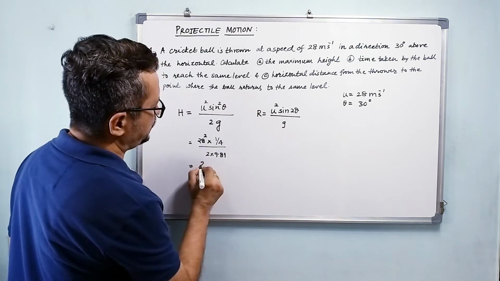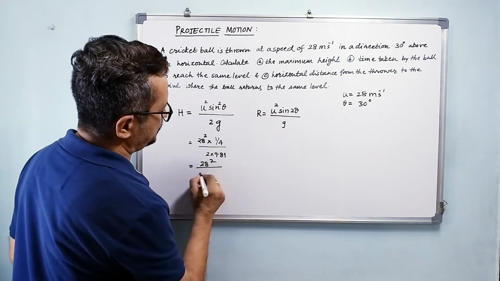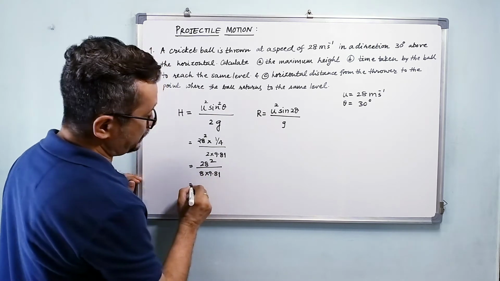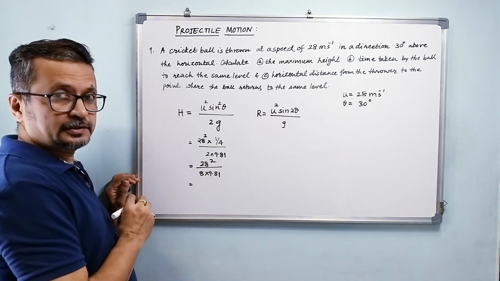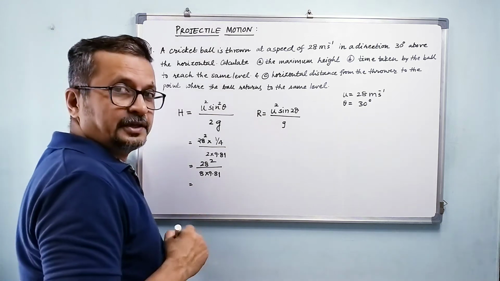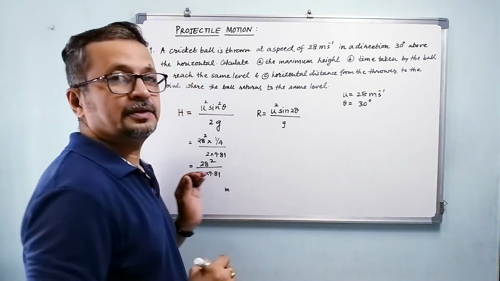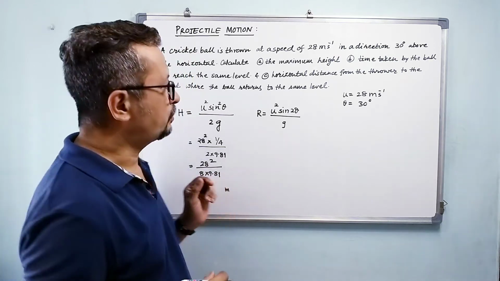So it is 28 squared upon 8 into 9.81. You can calculate this with your calculators or any other means that you are allowed to in the exam, right? So that many meters would be the maximum height reached by this ball.